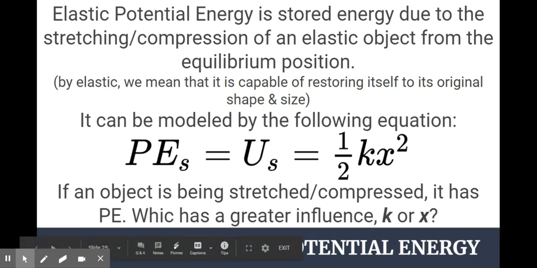But which has a greater influence: the spring constant or the displacement from equilibrium? Just like our kinetic energy equation, the x here, our displacement, is being squared, just like that velocity was being squared. As such, it's going to have a much bigger influence than the spring constant.